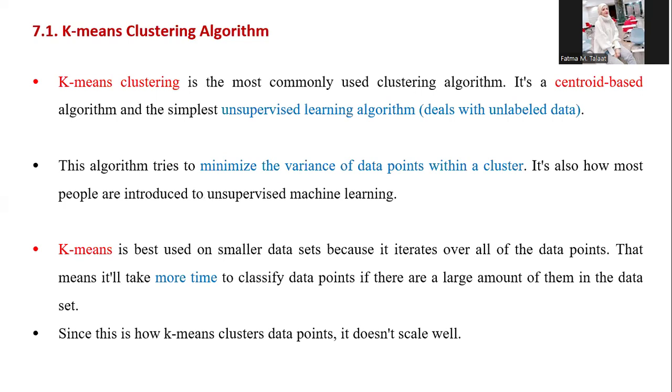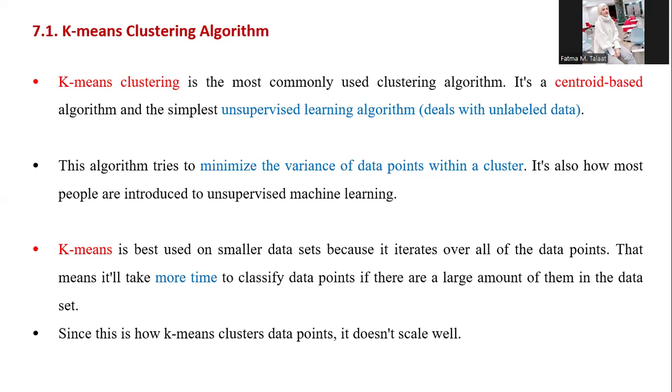The most commonly used clustering algorithm is a centroid based algorithm. It's the simplest unsupervised learning algorithm and deals with unlabeled data. This algorithm tries to minimize the variance of data points within a cluster. It is also how most people are introduced to unsupervised machine learning.